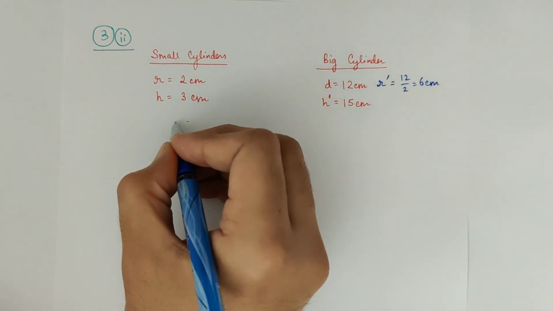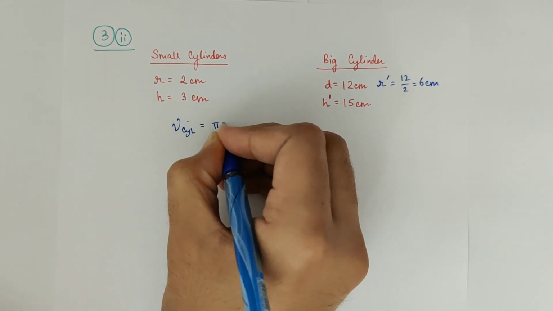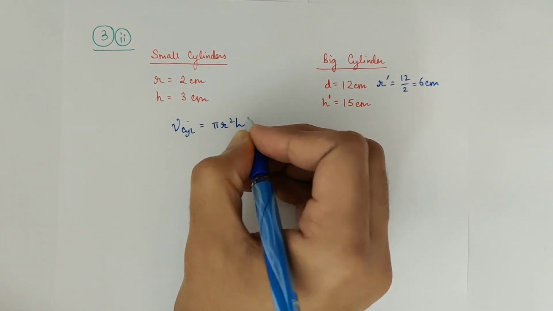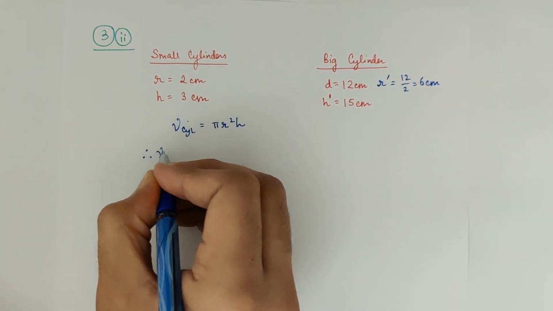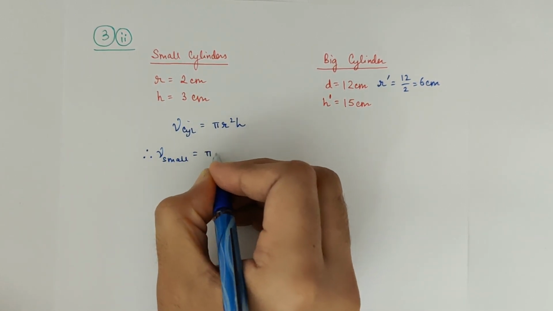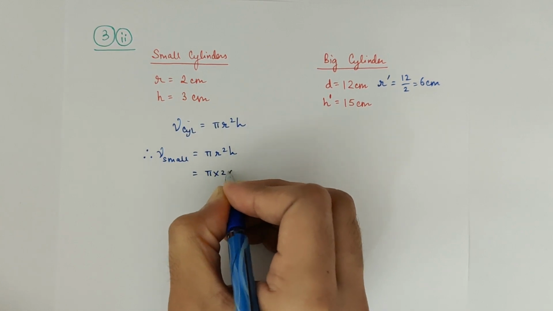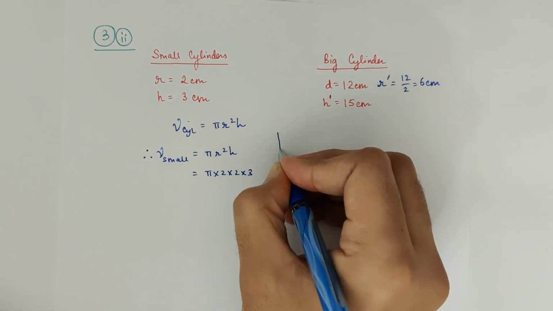We know the volume of cylinder is equal to pi R square H. Therefore, volume of small cylinder will be equal to pi R square H, which is pi into 2 into 2 into 3.